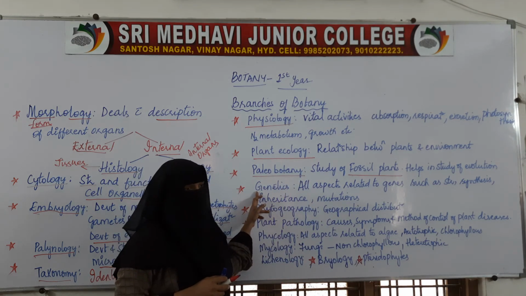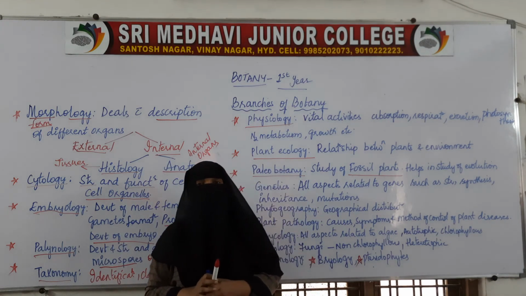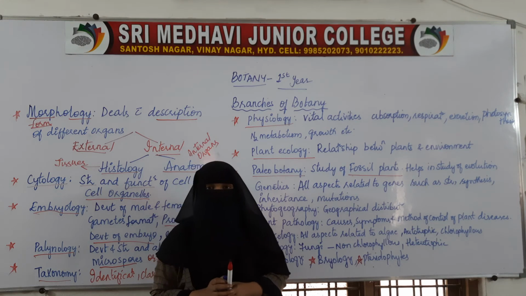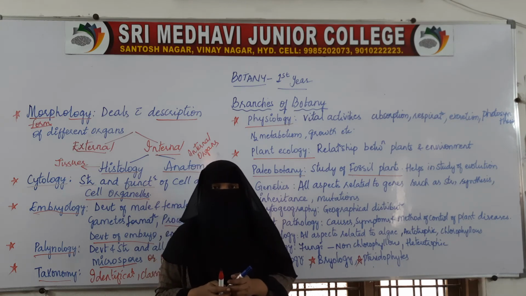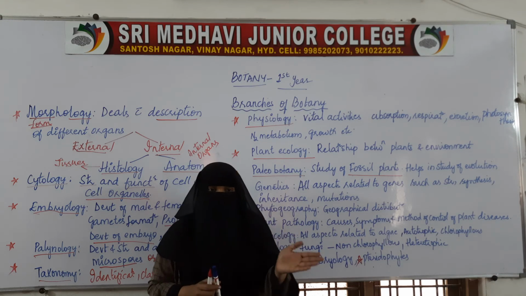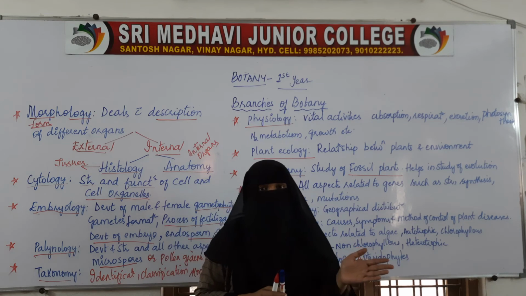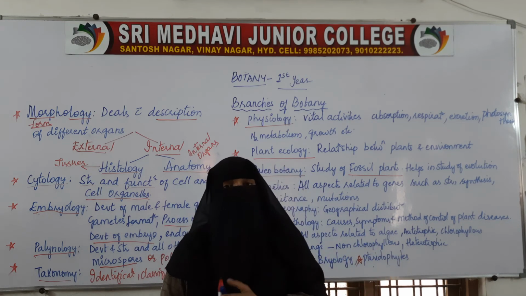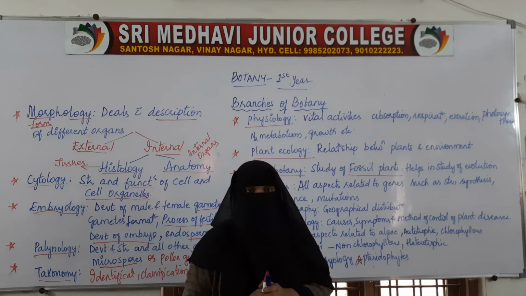Next is genetics. It is a branch of botany which deals with the genes. Genes are responsible for giving characters, for giving the structure to a plant, and for performing the functions of a plant. So, how the process of inheritance works, how characters are transferred from one generation to another, what characters are transferred, and what different processes help.